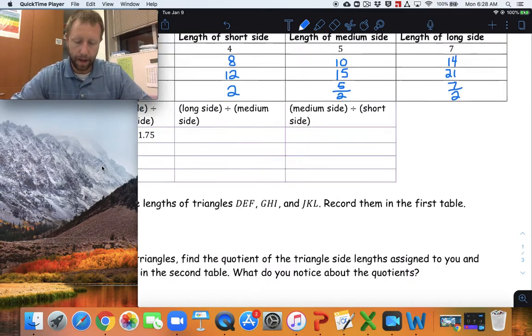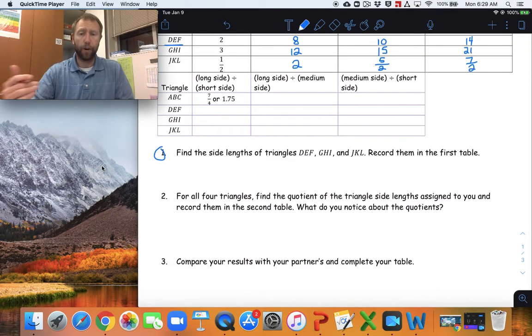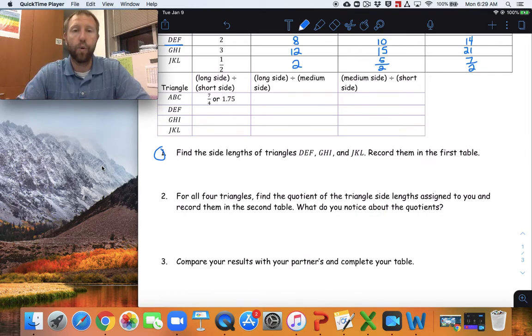Okay. Now, the next thing they want you to do says, for all 4 triangles, find the quotient of the triangle side lengths assigned to you and record them in the second table. So we're not doing this as a partner activity. I'm just going to do this together with you. All right, so that quotient is when we take the long side and divide it by the short side.